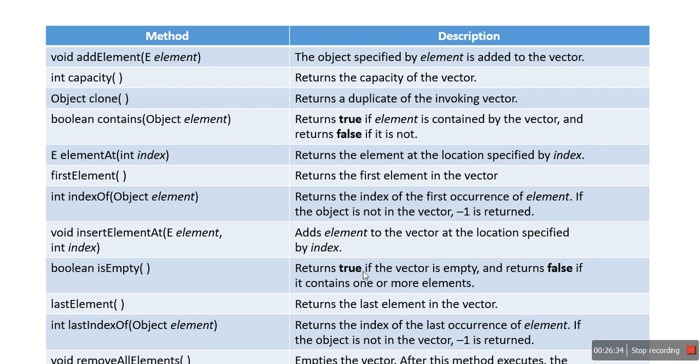The isEmpty method returns true if the vector is empty, and returns false if it contains one or more elements. For example, you have a vector v and you call v.isEmpty. If there is even one element present within vector v, then it returns a false value.